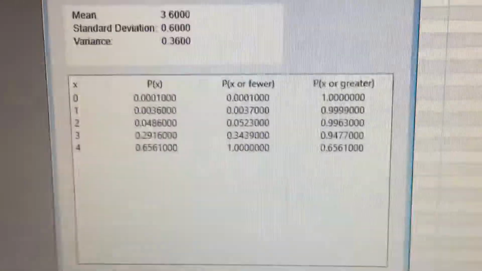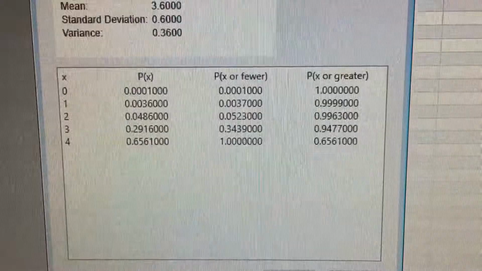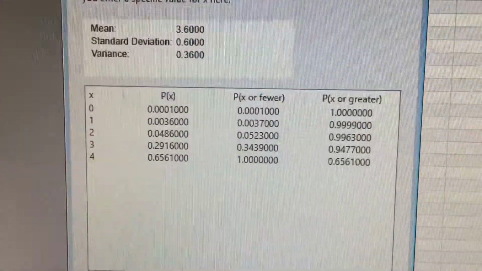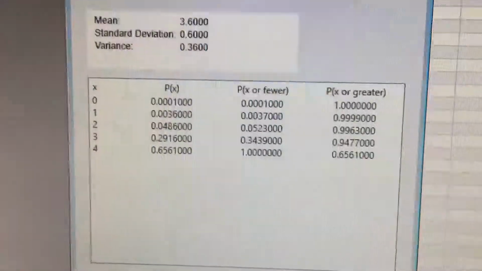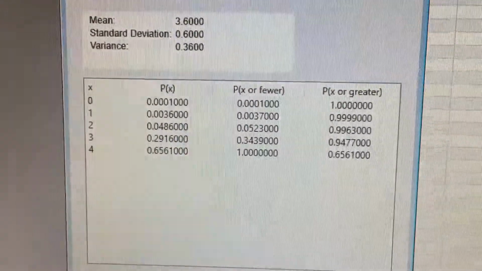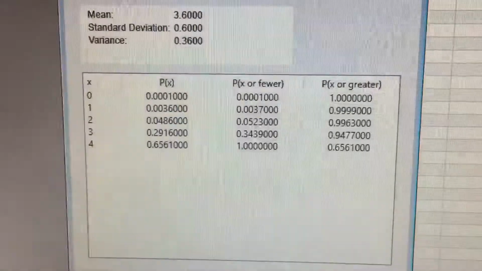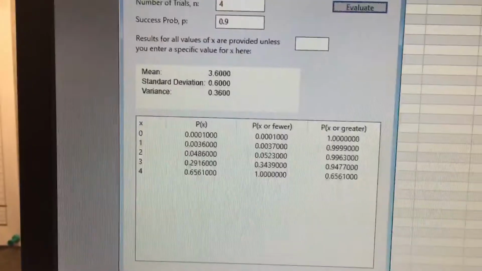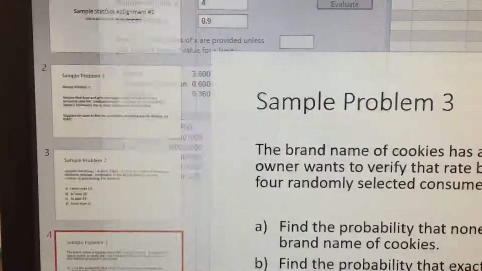You're going to get this table right here from 0 to 4. And the first column is a probability of exactly X. The second column, X or fewer, and then the probability of X or greater. That's the third column. All right, now we're going to use that table to answer the questions that are in parts A, B, and C.